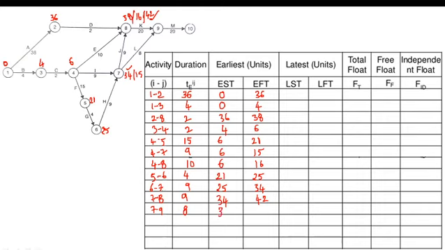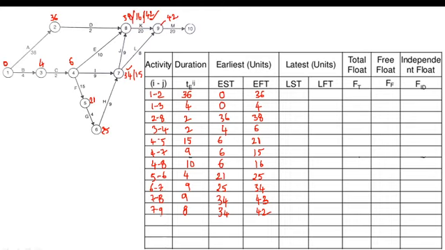What is the earliest starting time? 34. 34 plus 8, what will be the value? 42. Here for 7 to 9 the value is 42. One more value we need to get is from 8 to 9.